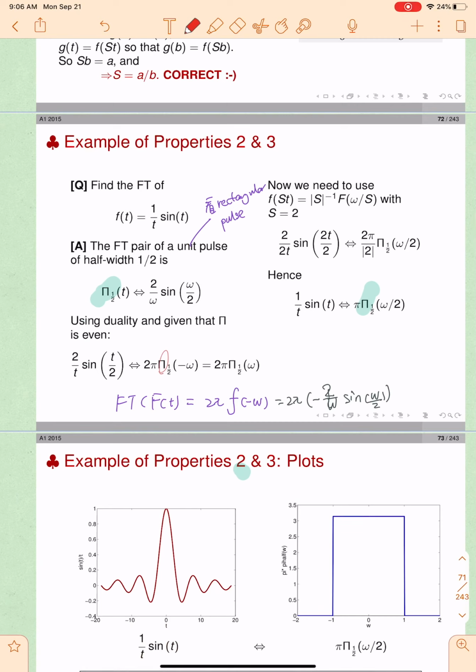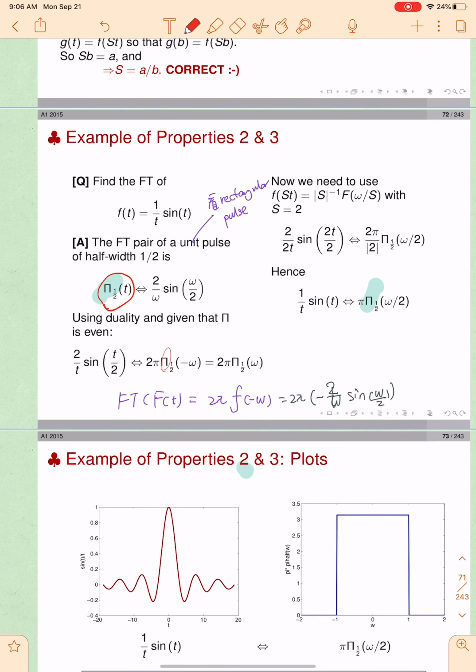Find the Fourier transform of f(t) equals 1 over t times sine t. The Fourier transform pair of a unit pulse of half width 1 over 2. Half width unit pulse, so this is a top hat. Use a 1 over t here.